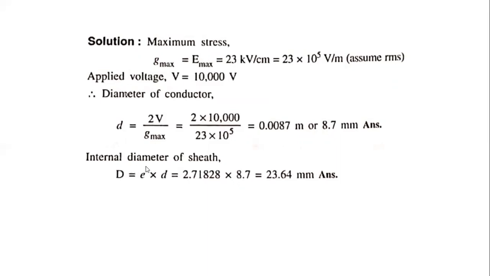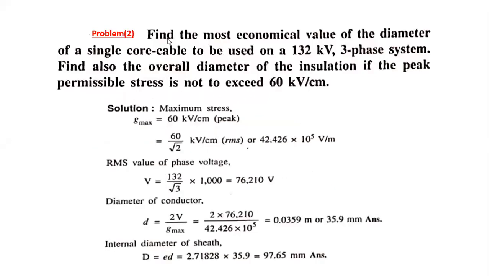Then we obtain the internal diameter of the sheath, D is equal to 23.64 mm.